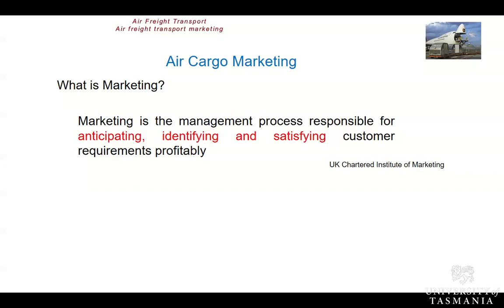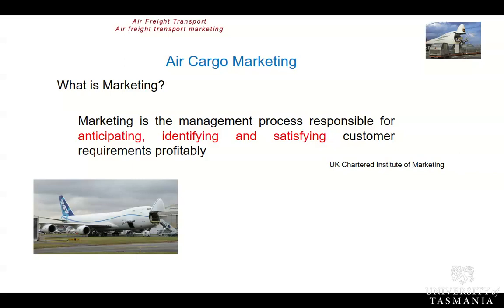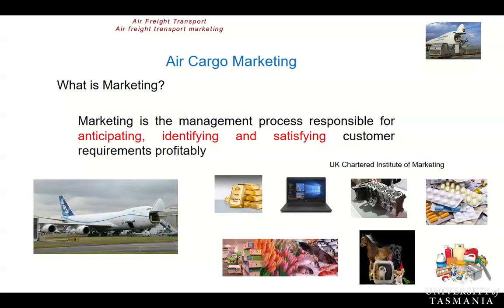The 2 things are interconnected. From a visual perspective, on one hand you've got the cargo airline, and on the other hand you've got a range of different products that the cargo airline is ready and able to carry.